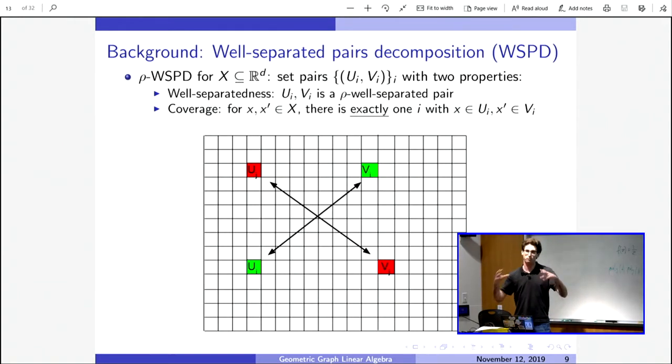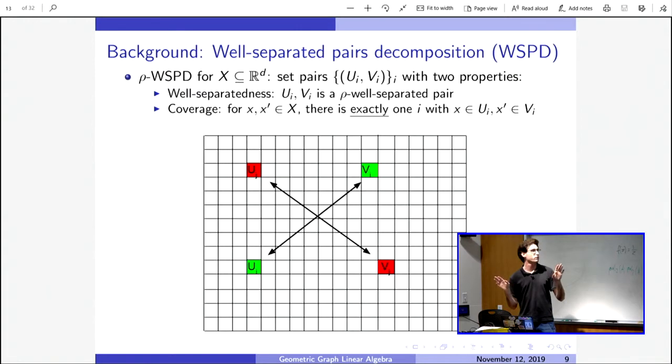We want to associate pairs of elements with pairs of sets. These pairs of sets have the property that each pair is well separated, and furthermore, each pair of elements should be covered by exactly one pair of sets.